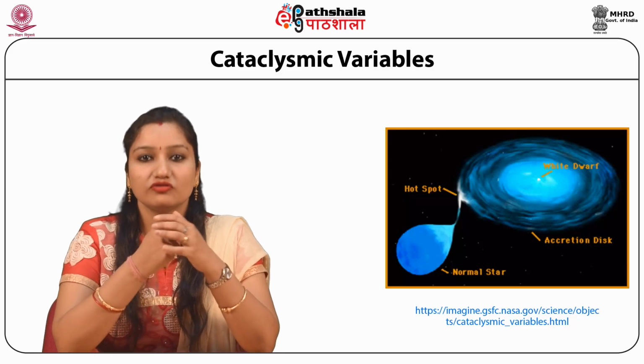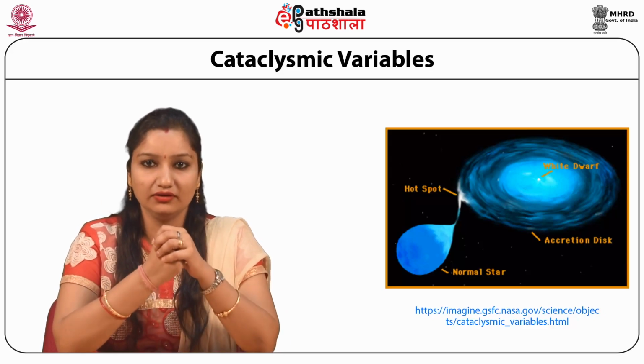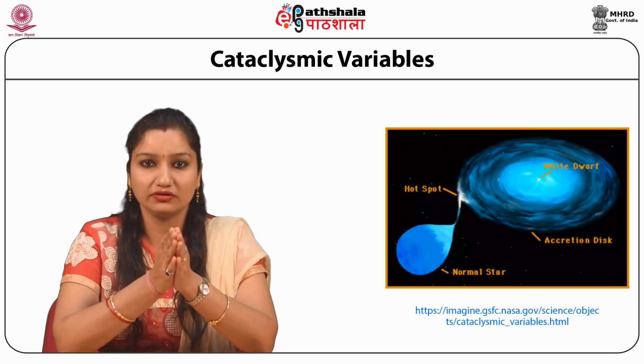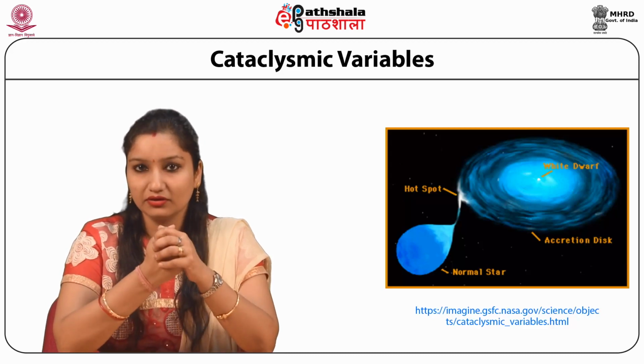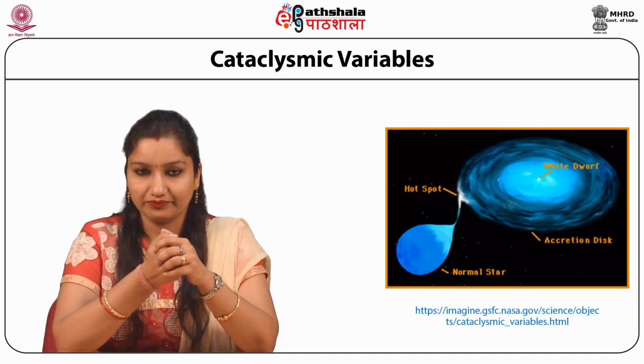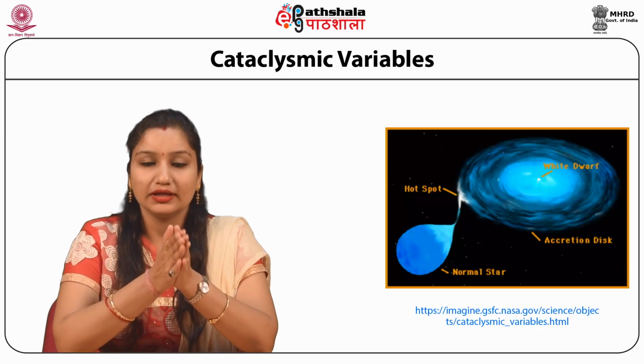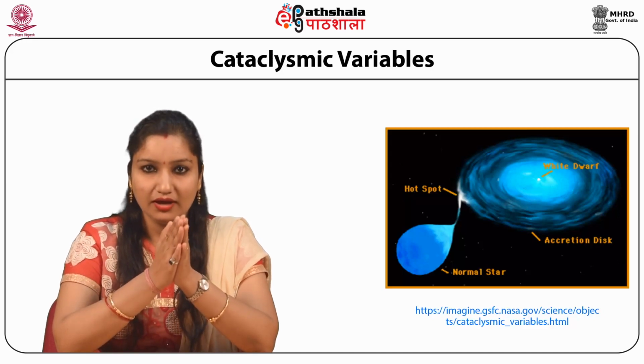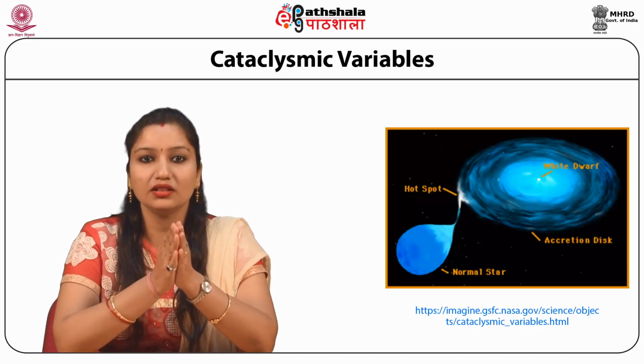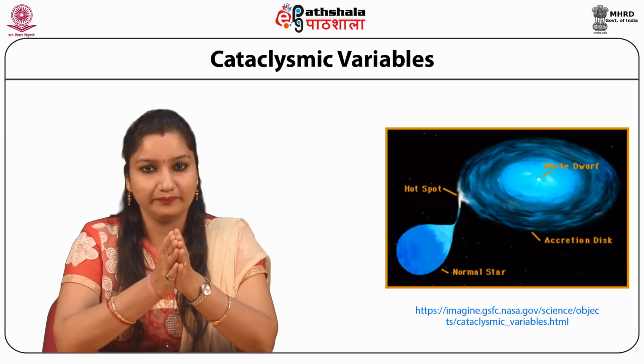Because of its strong gravitational field, the compact object can suck matter from the normal star. The falling matter gains energy as it falls in the gravitational field.